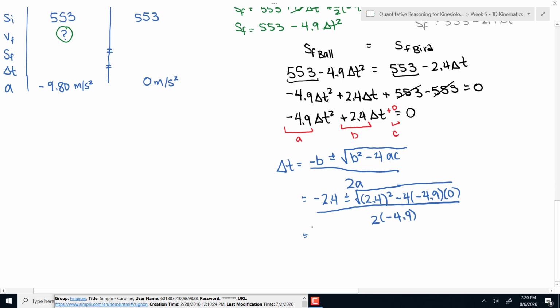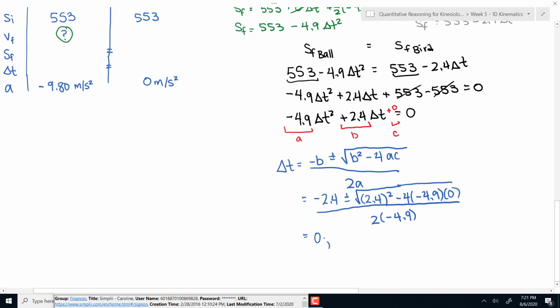Now I'm going to type all of this onto my calculator. So I have negative 2.4 plus, I'm going to start with the plus sign. Square root 2.4 squared minus 4 times negative 4.9 times 0, all over 2 times negative 4.9. And I get 0. So when I use the plus sign, I get 0. And now I'm going to do it again, but with a minus sign. So I'm just scrolling on my calculator.